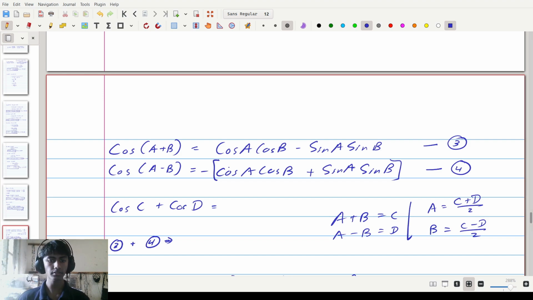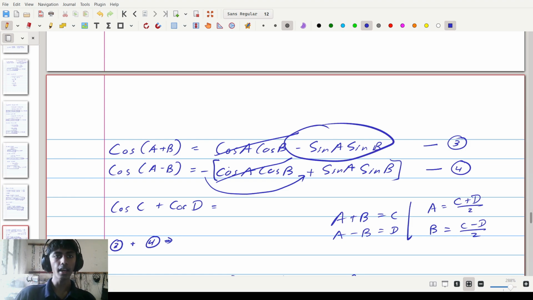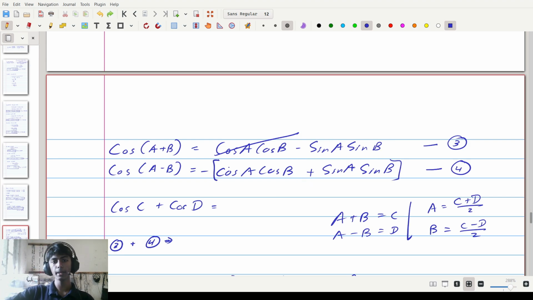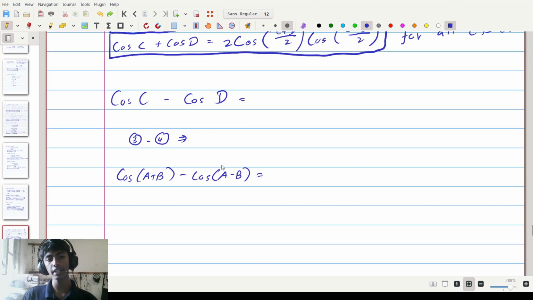Doing this, with this minus, this cos A cos B cancels with this minus cos A cos B, and distributing this minus, we have minus sin A sin B plus another minus sin A sin B. So we have minus sin A sin B minus another sin A sin B. Adding these two together, we get on the right hand side minus 2 sin A sin B.